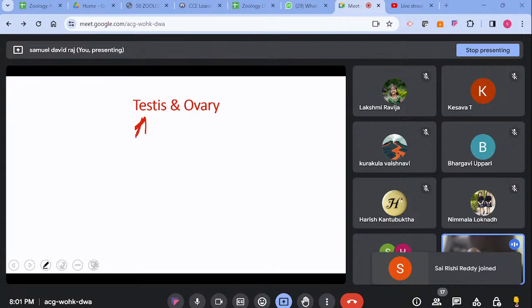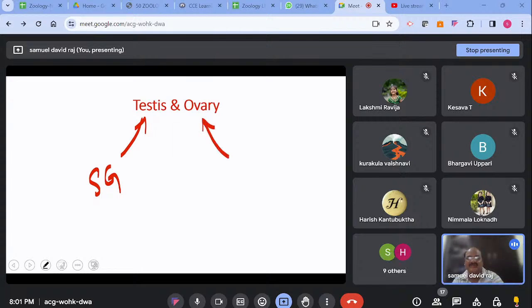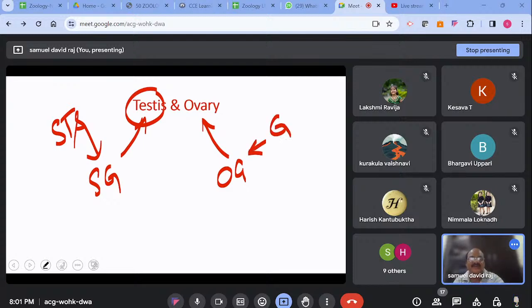And testis is the region where spermatogenesis takes place, and ovary is the place where oogenesis takes place. In testis, spermatogenesis takes place in seminiferous tubules. In ovary, oogenesis takes place in Graafian follicles.